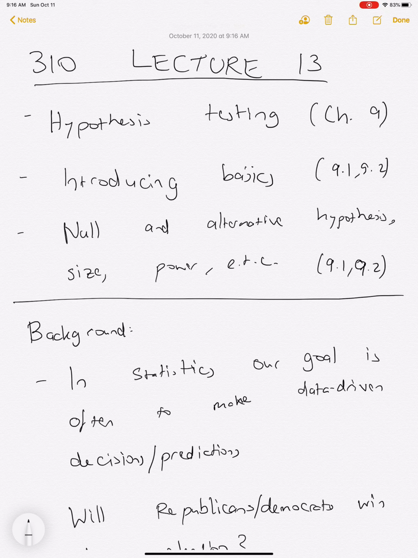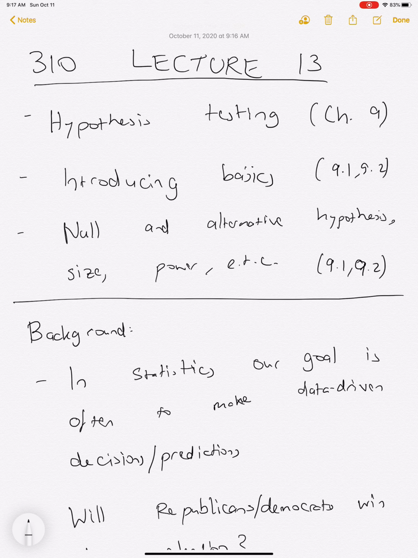So chapter 9 moves on to a different topic, which is hypothesis testing, also a very important topic. I'd say chapters 8 and 9 are the two most fundamental topics from the point of view of developing statistical frameworks and theories. The next 4 to 5 lectures are going to focus on chapter 9, hypothesis testing.